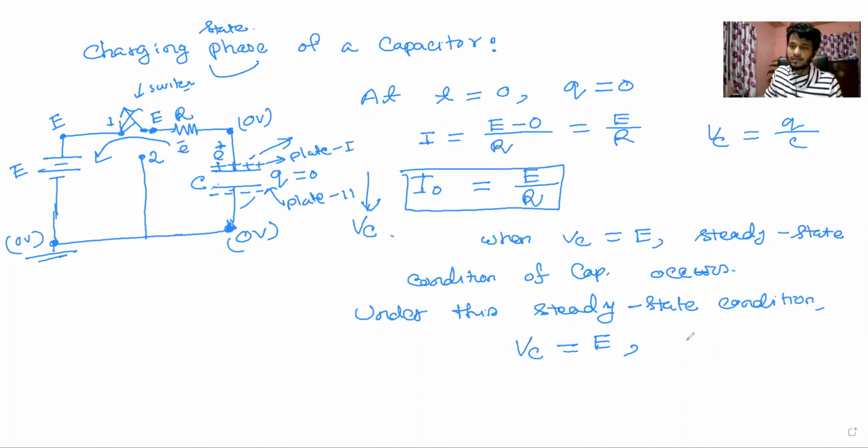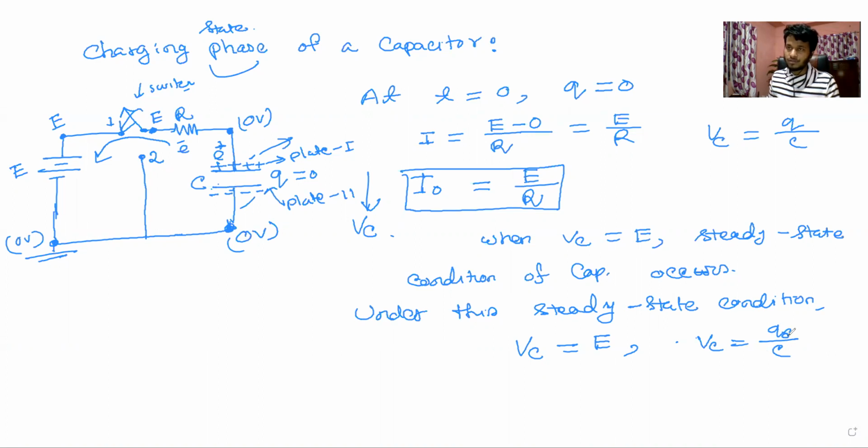Okay, we know that Vc equals Q upon C, right? But under steady state condition, the value of this Q will be maximum. Let us denote the maximum value of the charge by Q naught, Q subscript 0.